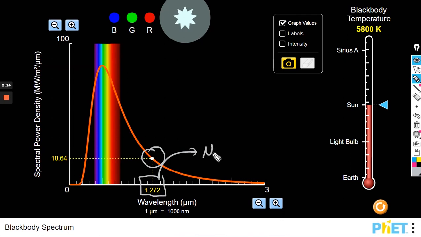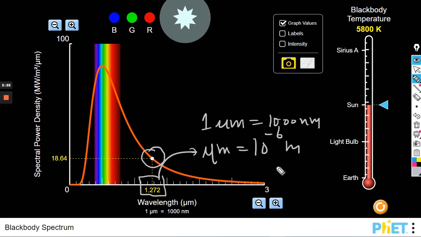It is in micrometers, which stands for 10 power minus 6 meters, or you can also write 1 micrometer as 1000 nanometers. And on the y-axis, this value is quite clear to you, 18.64 spectral power density, and it will only have a value between 0 to 100.